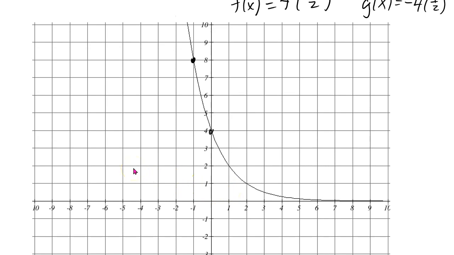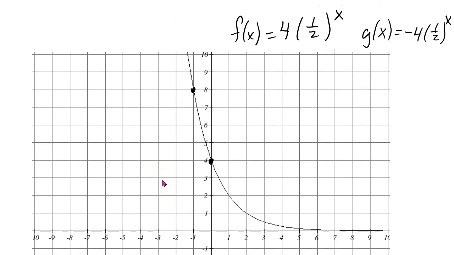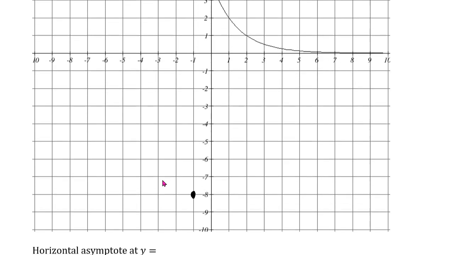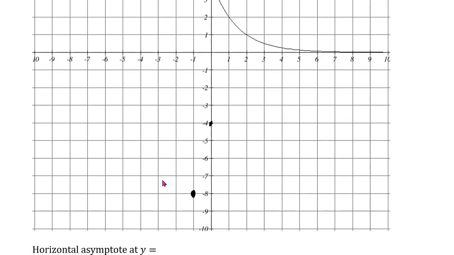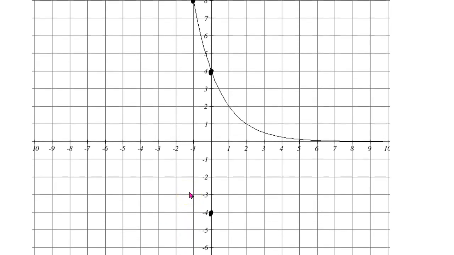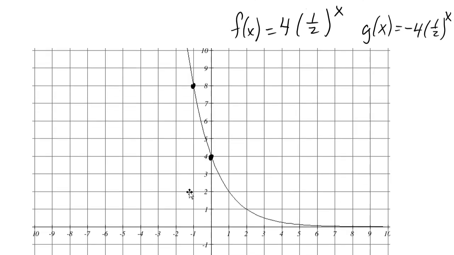It looks like it crosses through exactly at 0, 4, which makes sense because when x is 0, the exponential part becomes the number 1, and 1 times 4 is 4. When we multiply by the negative, that will make it negative 4, and that means it goes through this point right here. The next point it looks like it goes through exactly is at 1, 2.